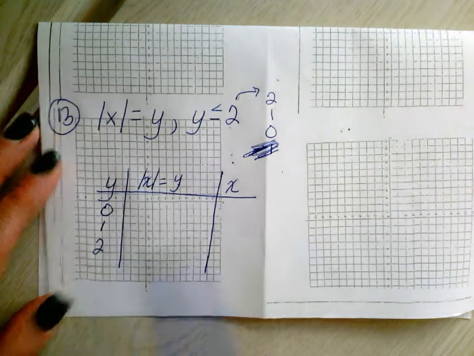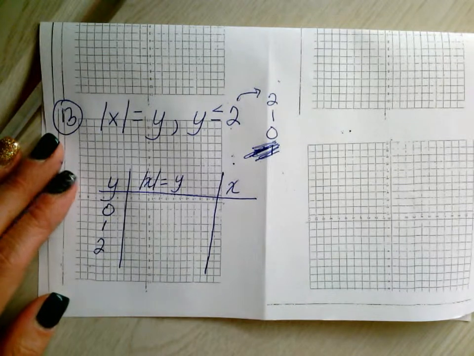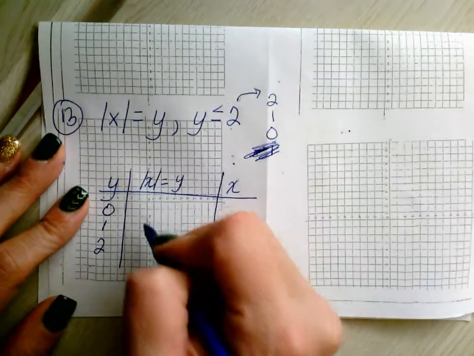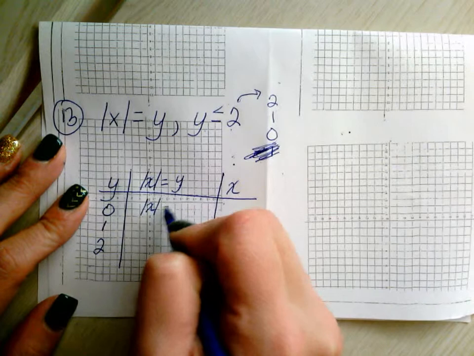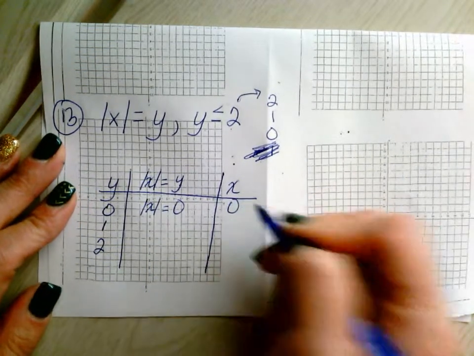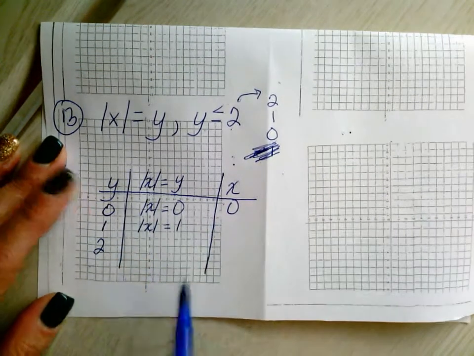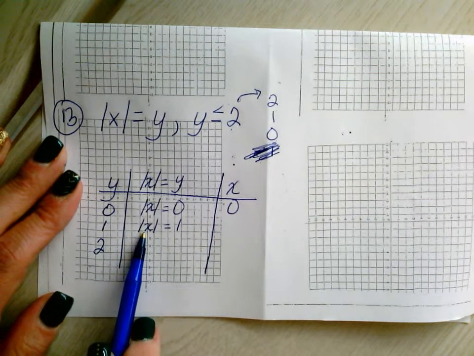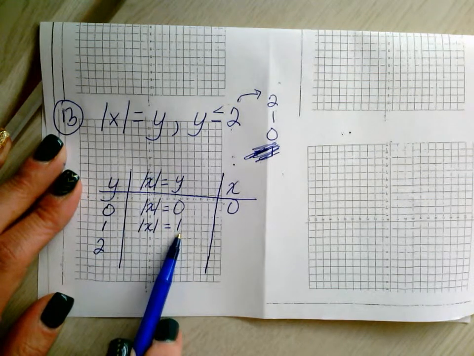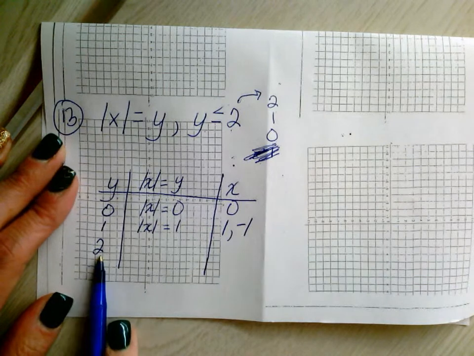So based on that scenario and making things less than or equal to 2, these are my 3 y values. Okay? So the absolute value of x equals 0, then that means my x has to be 0. The absolute value of x has to be 1. So what scenarios can produce an absolute value of 1? 1 and negative 1. Okay?